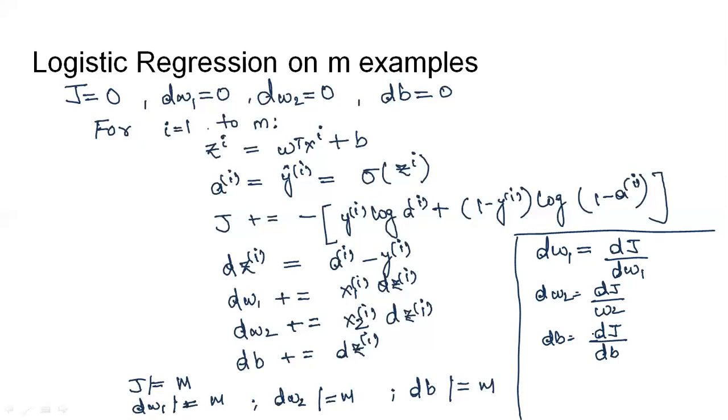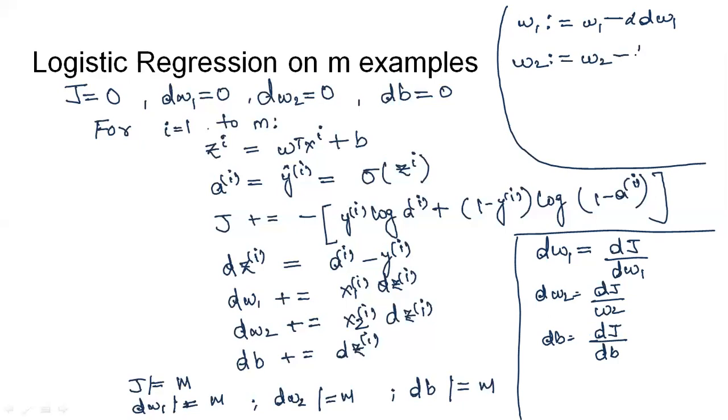Also, one thing to notice is that after doing all these calculations, you need to update the parameters. So w1, w2 and b are our parameters, and finally you need to update those also. So my updation steps would be w1 colon equal to w1 minus alpha times dw1, and similarly w2 colon equal to w2 minus alpha times dw2, and finally b colon equal to b minus alpha times db.